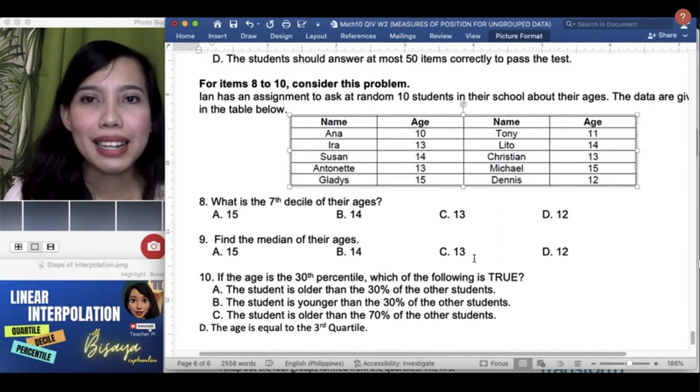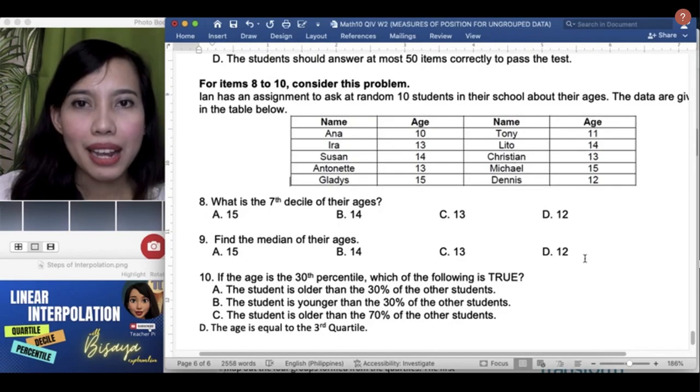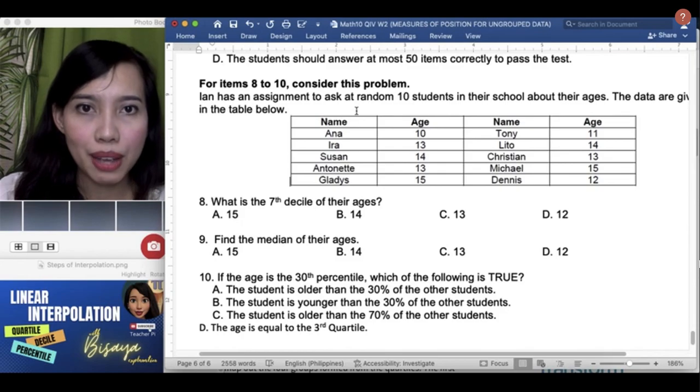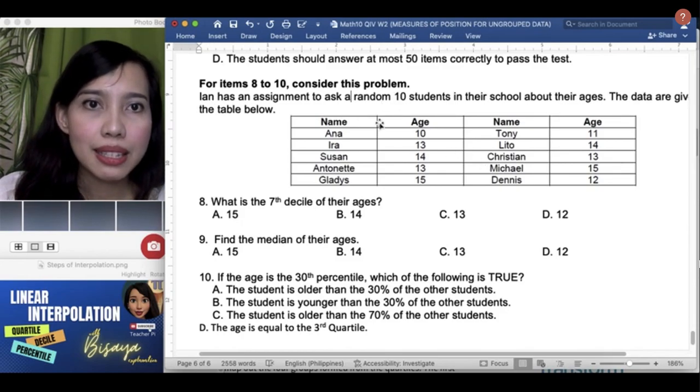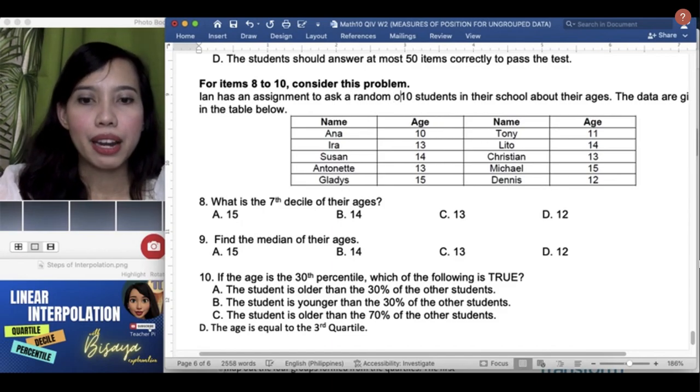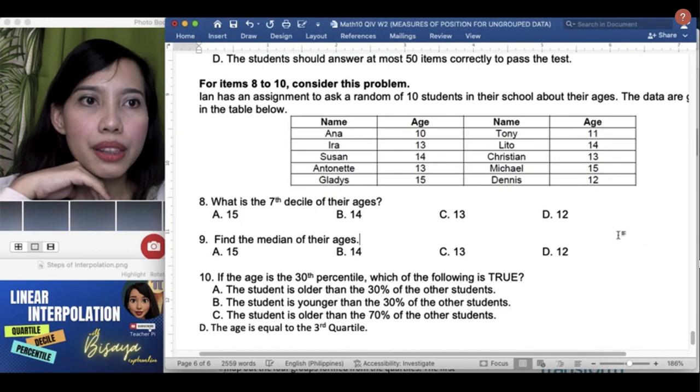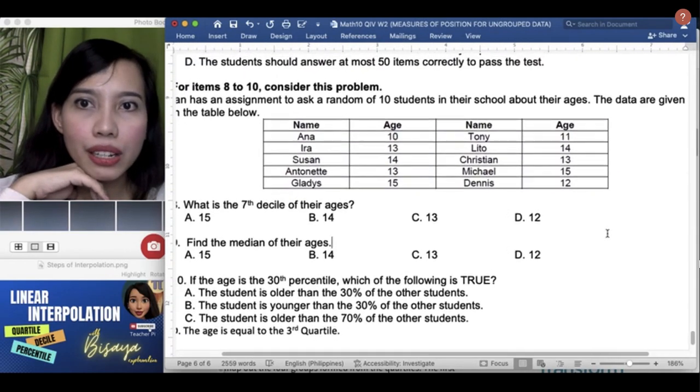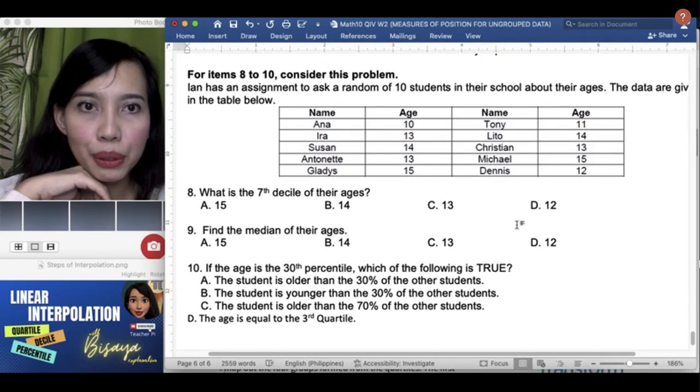Okay, for items 8 to 10, consider this problem. Ian has an assignment to ask a random sample of 10 students in their school about their ages. The data are given in the table below.